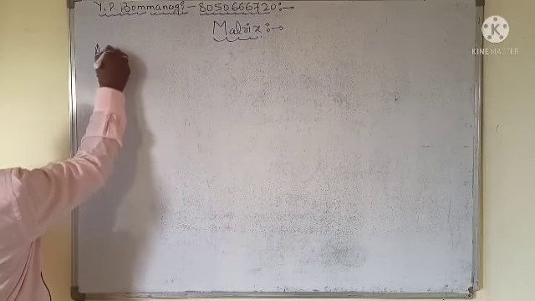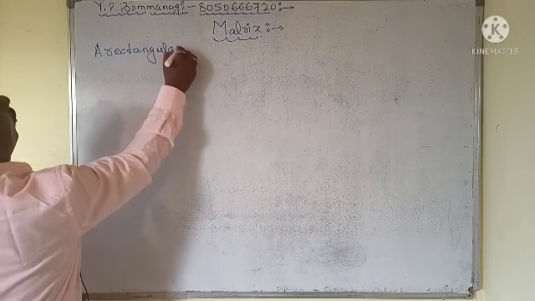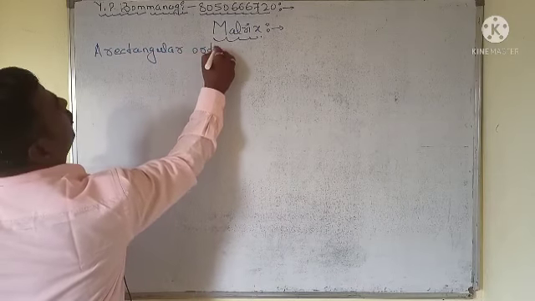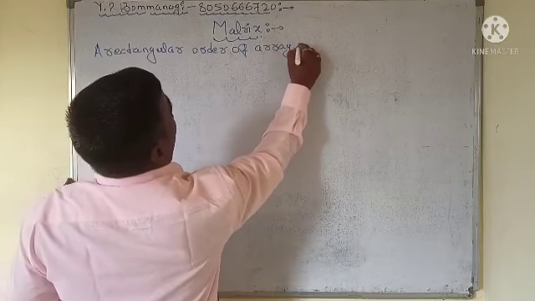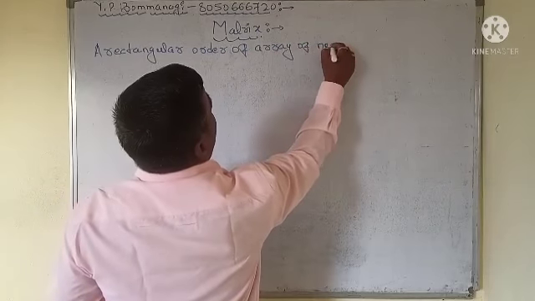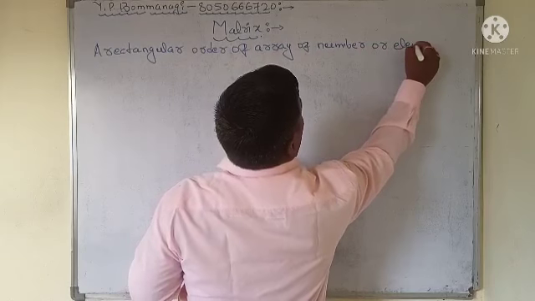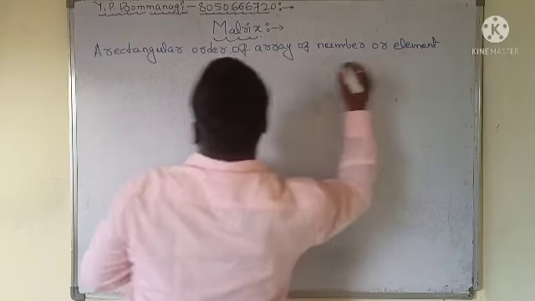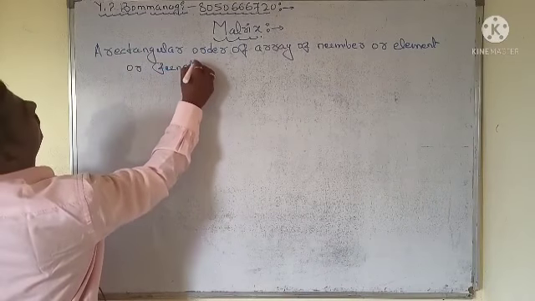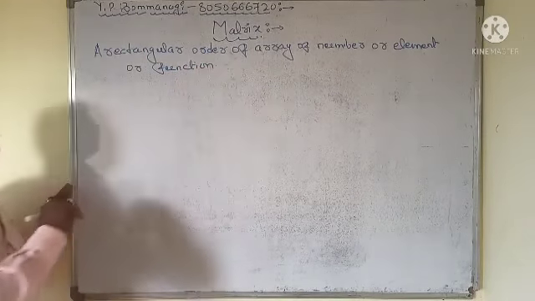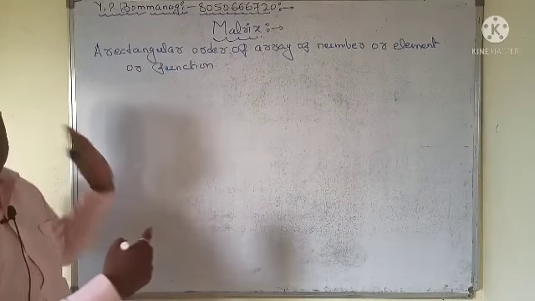A rectangular order of array of numbers or elements or functions. These are known as functions, and we define them as a matrix.